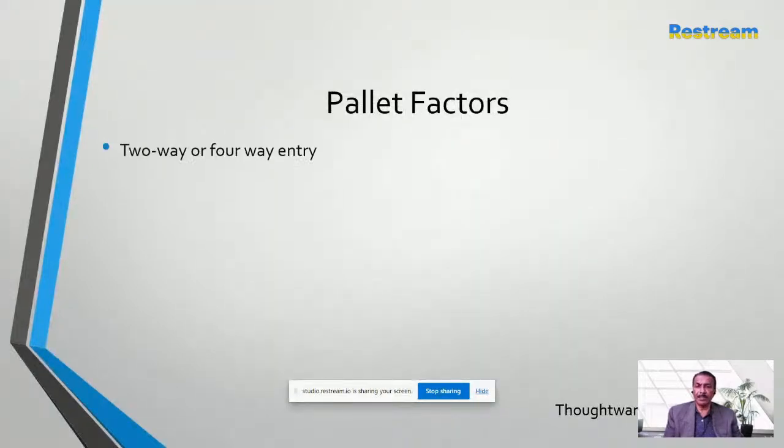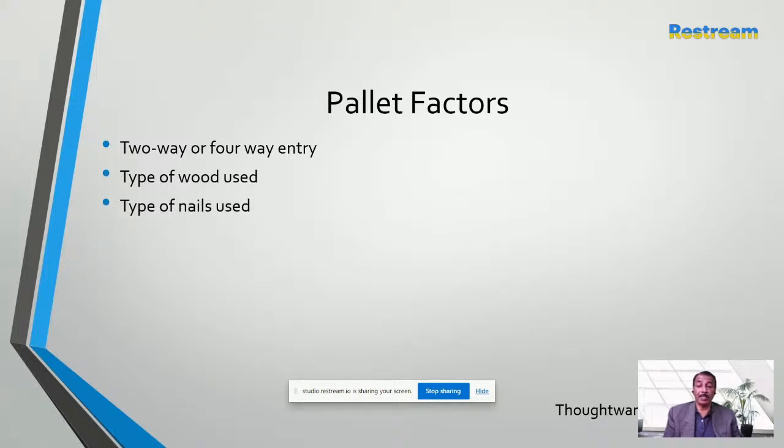Coming to the factors on pallets, whether it's a two-way entry or four-way entry should also be finalized depending upon what facility is available inside the warehouse. Type of wood used, especially if you are going to use it for dispatch to a foreign country, the type of wood should be specific. Type of nails used is also important.